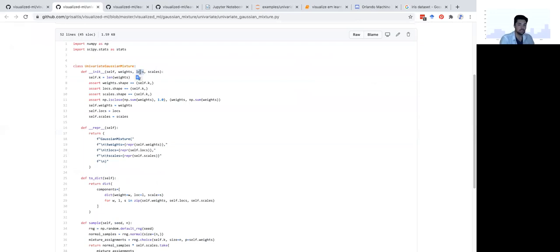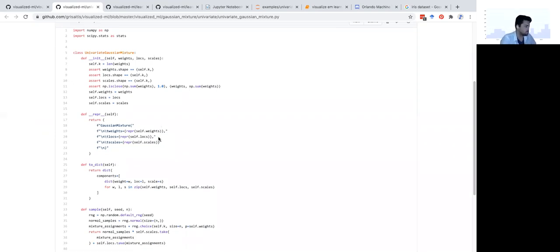They have locations, which are the centers of each Gaussian, and then scales, which are the standard deviations of each Gaussian. And for the naming convention here, I used locs and scales because in my experience with NumPy and most other things I've used, the mean and the standard deviation or the variance of a Gaussian distribution are called the locs and scales.